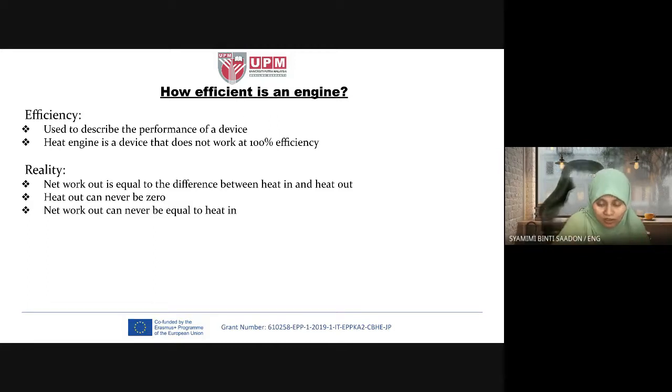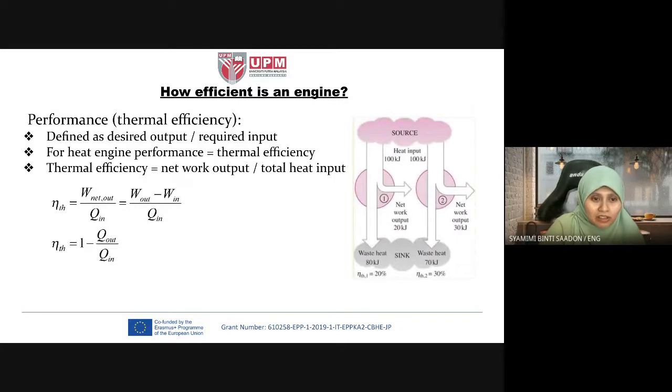Not all of the heat source can be converted to work output 100%. Again, about the efficiency, the performance, the thermal efficiency. In order to evaluate, to quantify the performance of an engine, we calculate what we call thermal efficiency.